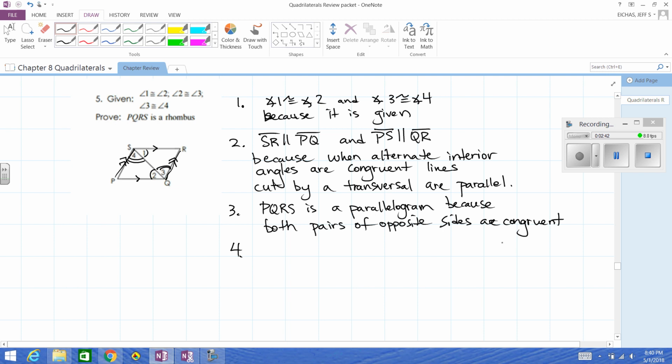All right. The fact that angle 2 is congruent, let's see, to angle 3. Maybe we don't need to do that. Why not? Okay. Angle 2 is congruent to angle 3. It's a little easier this way. And that's because it's given.